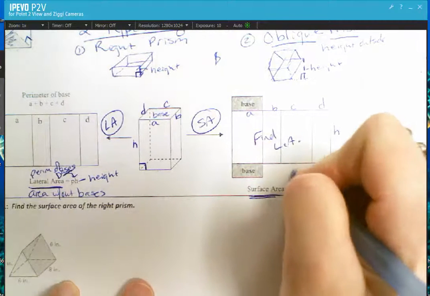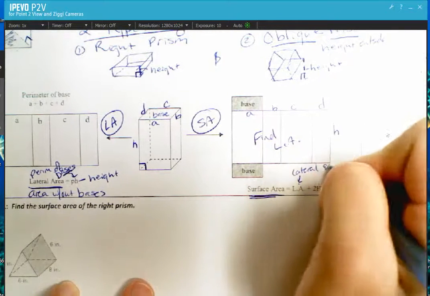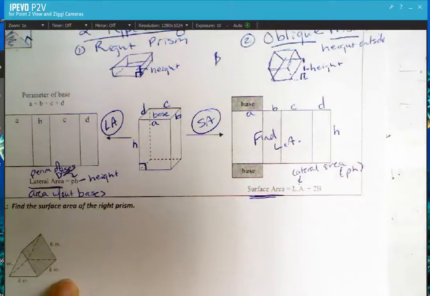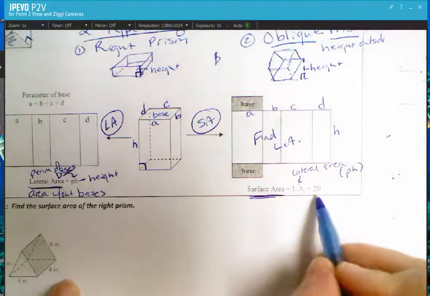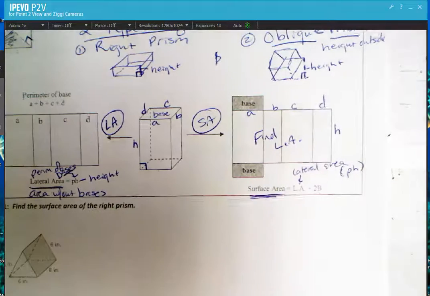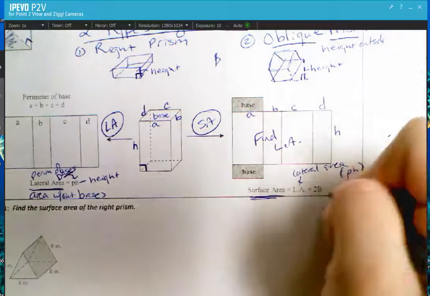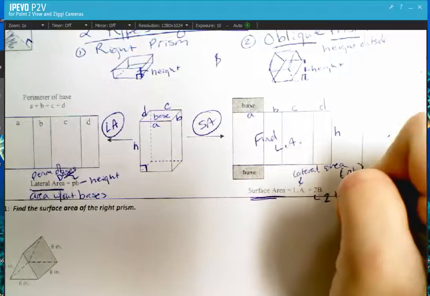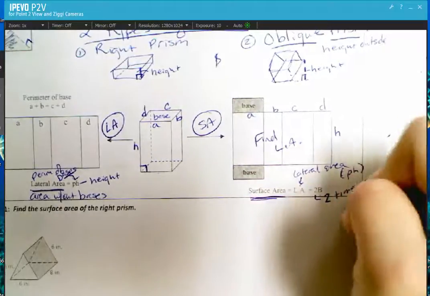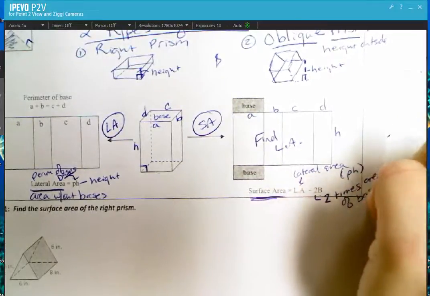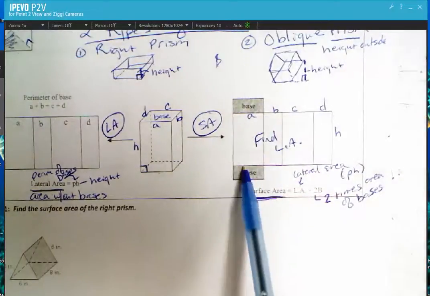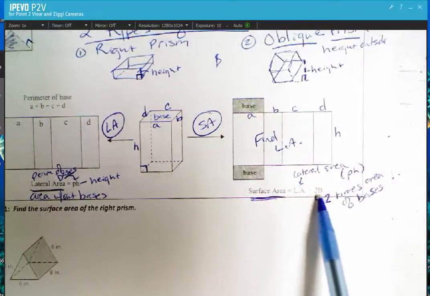That's where the LA comes from. That's a lateral area, which is perimeter times height, perimeter of one of the bases times the height of the figure, and 2 big B. This is 2 times area of bases. Since I have 2 congruent bases, I have 2, and big B represents base area.